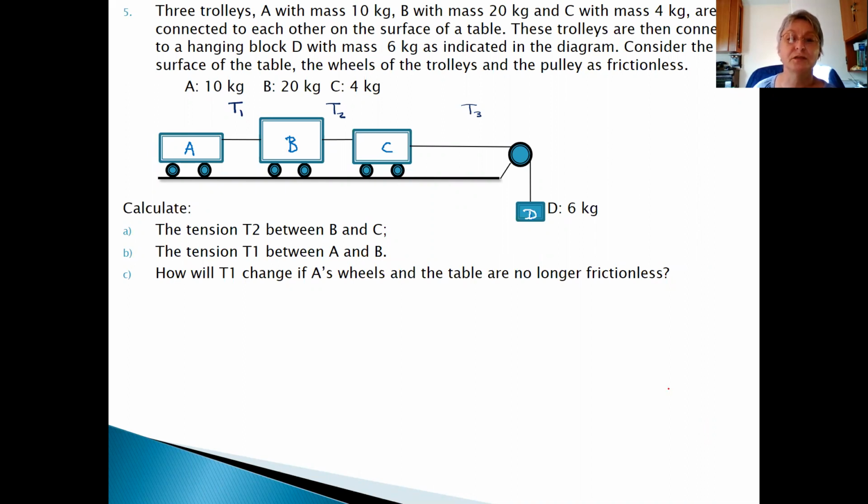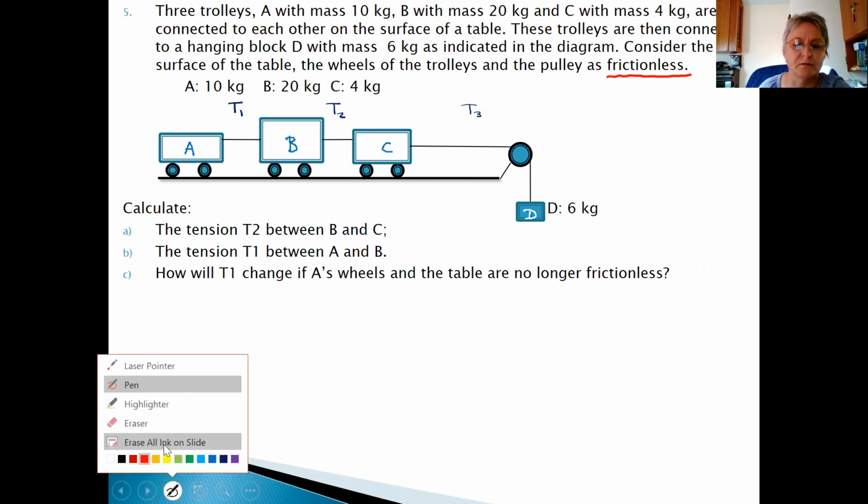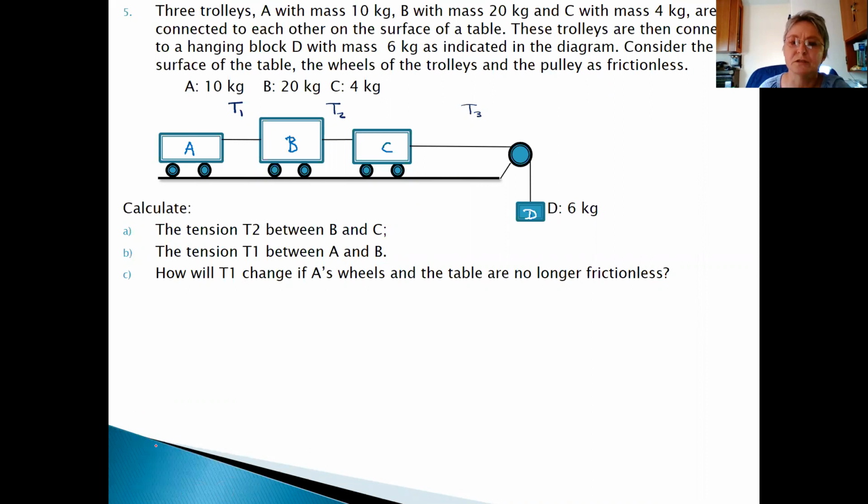So the 3 trolleys, they give the masses 10 kilograms for A, 20 for B, and 4 for C. They are attached to a 6 kilogram mass piece D. The trolleys are, consider the surface of the table and the wheels of the trolley and the pulley. Everything is frictionless.